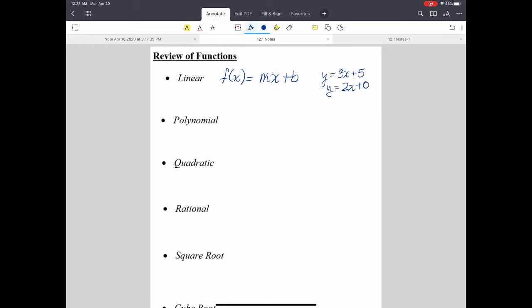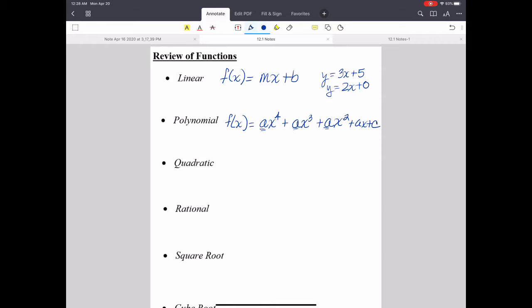So that's all there. Polynomial functions are a little tricky because sometimes they get mixed up with being a quadratic. But a polynomial function can have any degree to it. It could have, let's say, ax to the 4th power plus ax to the 3rd plus ax squared plus ax to the 1st plus a constant or something like that. And notice I'm using a every time just because I don't want you to confuse that with a quadratic.